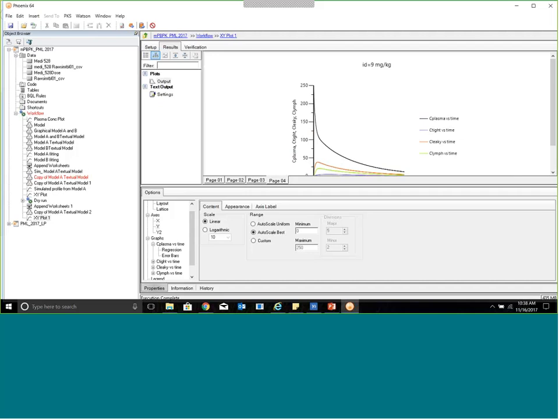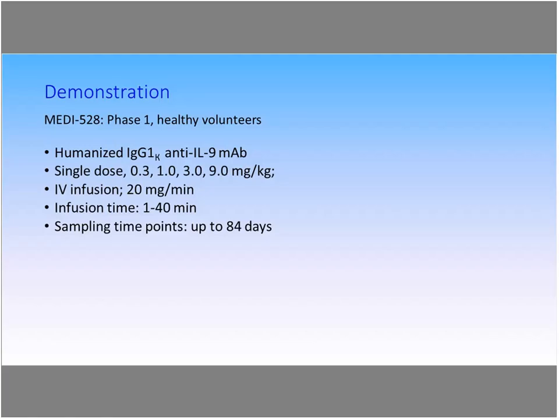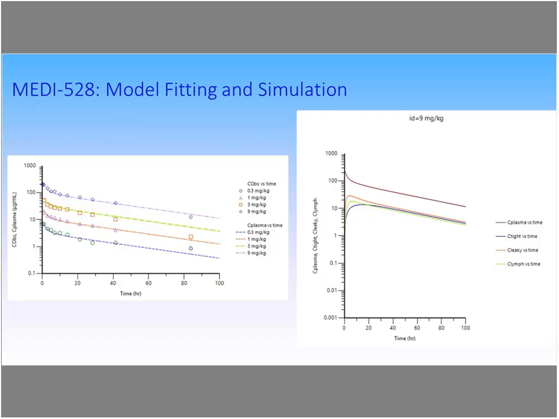So I'm going to go back to the presentation right now. So let's see. This is model fitting, and this is simulation for plasma, tight tissue, liquid tissue, and lymph.